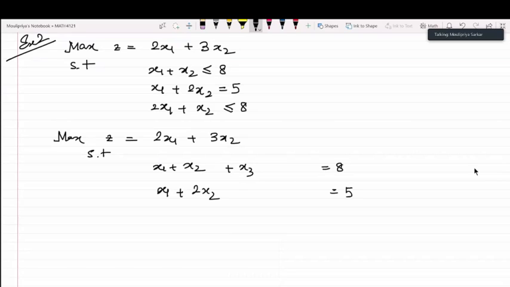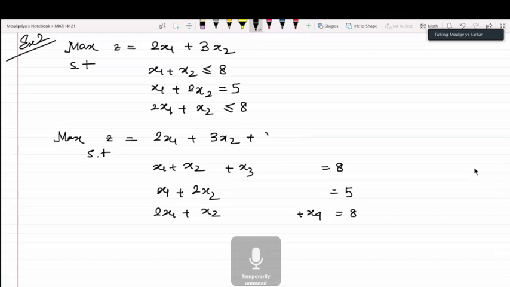Nothing needs to be added. And the third one, plus x4 equal to 8. And the objective function would automatically change as plus 0 into x3 plus 0 into x4.